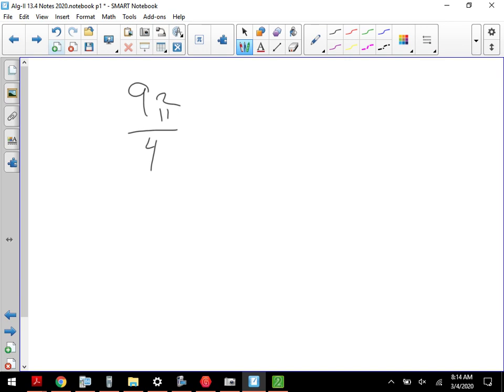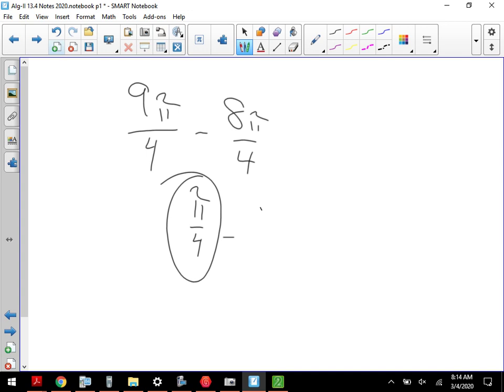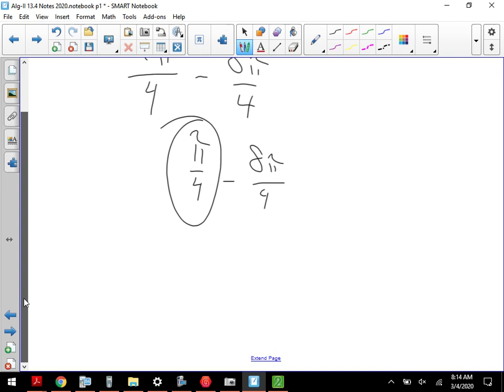So if I back out 8 pi over 4, just to keep it as the common denominator, that gives me pi over 4. There's your positive coterminal, because it's now within 1 revolution. I subtract again to get the negative. If I subtract another 8 pi over 4, I would get negative 7 pi over 4.